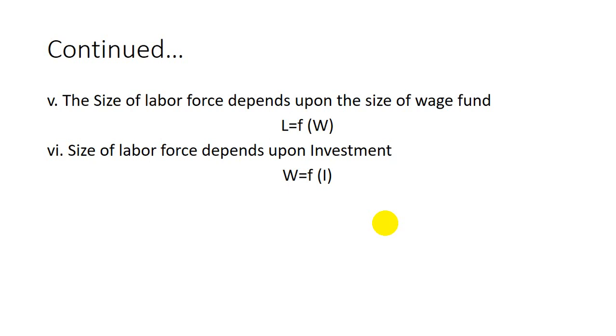According to this, the classical economists believe that wage fund depends upon the saving of the capitalist, and these savings find their way into investment automatically. So wage fund depends on the saving of the capitalist, and these savings find their way into investment automatically.